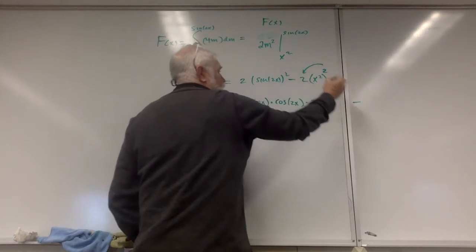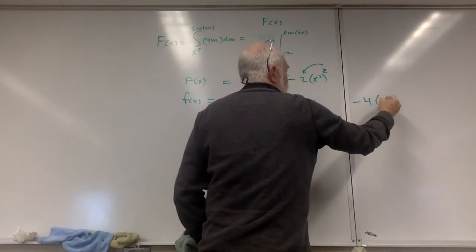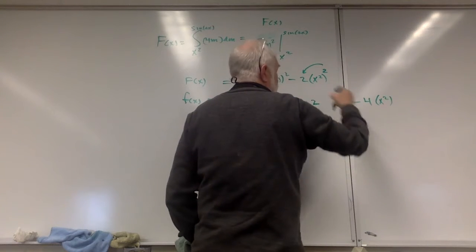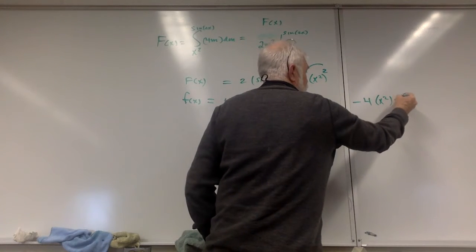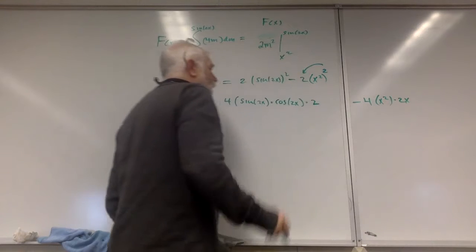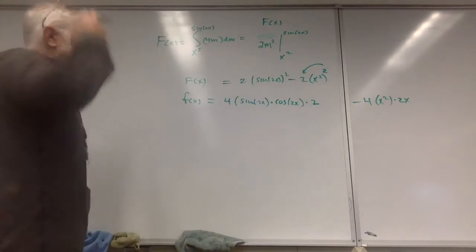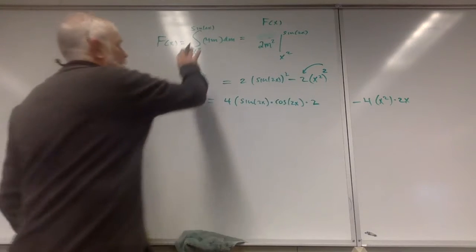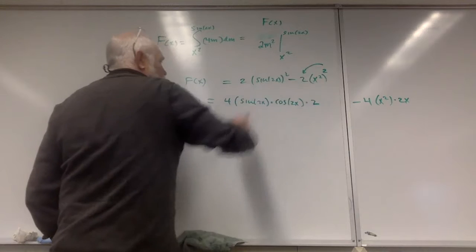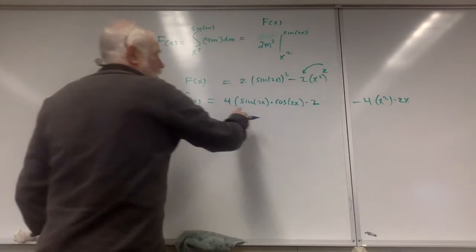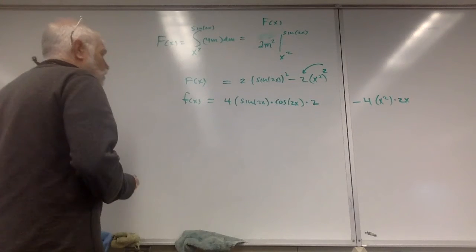So I got to do the 2 times 2, which is 4x squared, times the derivative of x squared, which is 2x. Okay, so that's taking no shortcut. That's doing the integration, dropping in the limits, and then working with the chain rule.